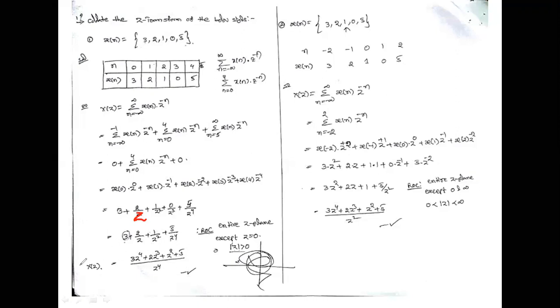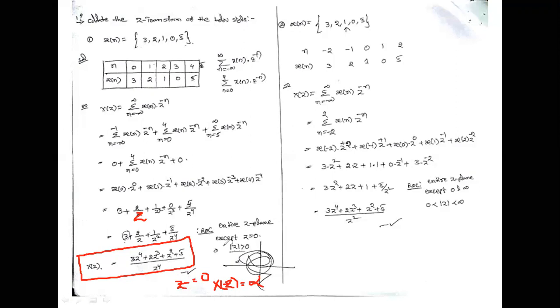Now in this equation, what we got here, the Z transformation, when z is equal to 0, the total function x of z becomes infinite, because anything by 0 is an infinite number. What it matters, students? Except z is equal to 0, the entire z plane is here.